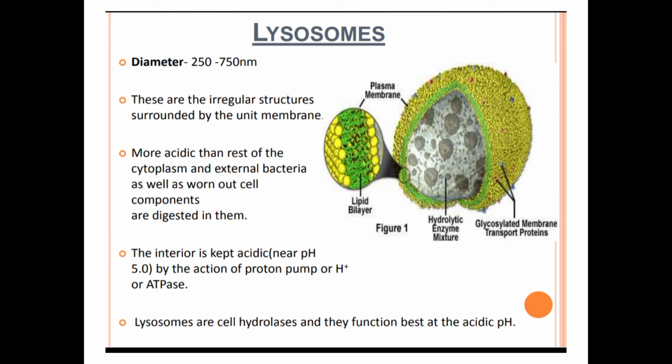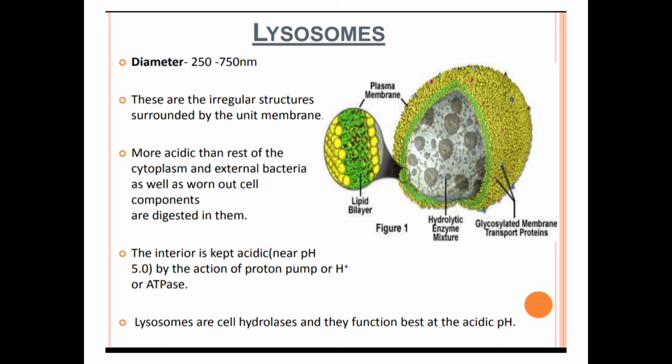Next, one more important component, that is lysosomes. These are irregular structures surrounded by the unit membrane. More acidic than the rest of the cytoplasm.